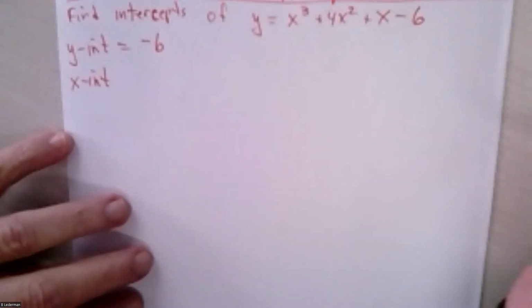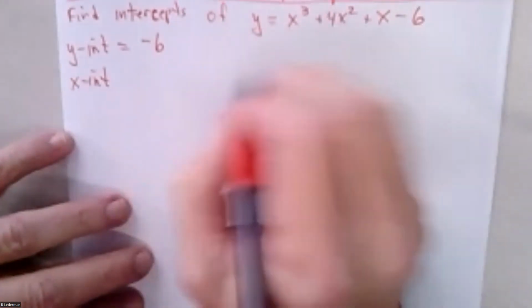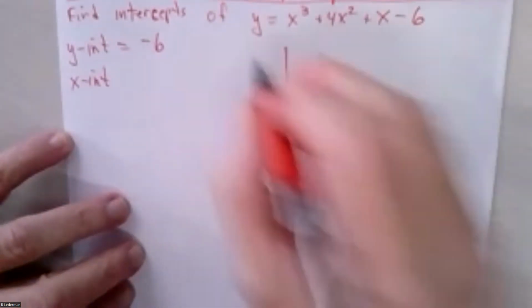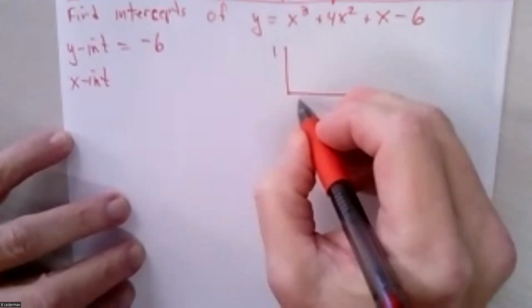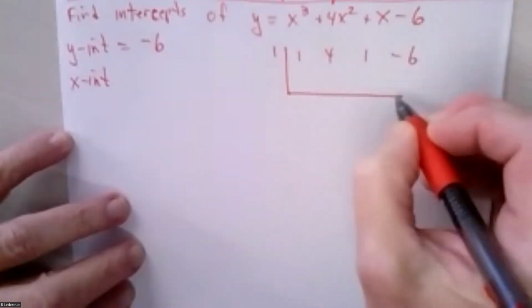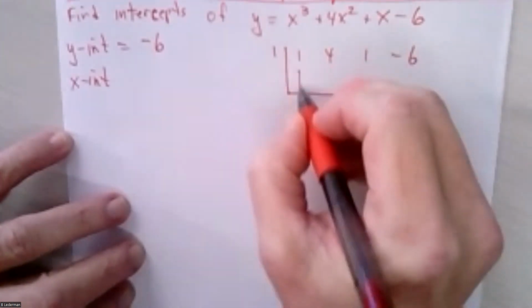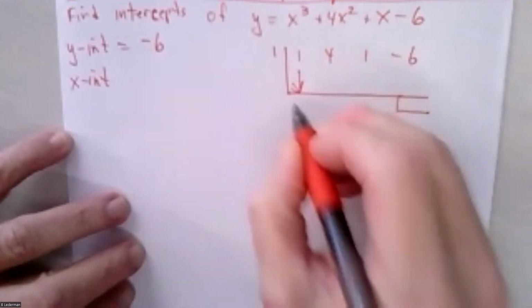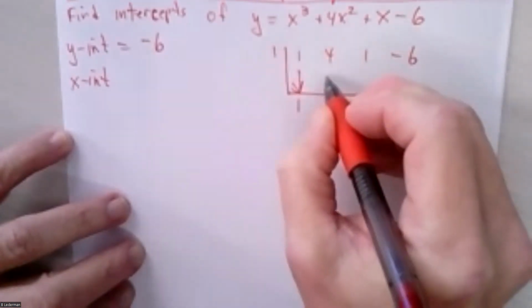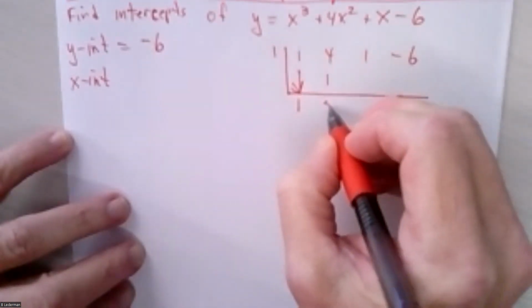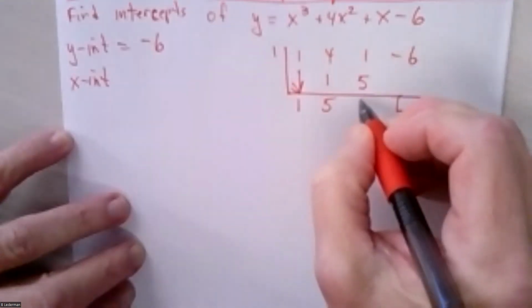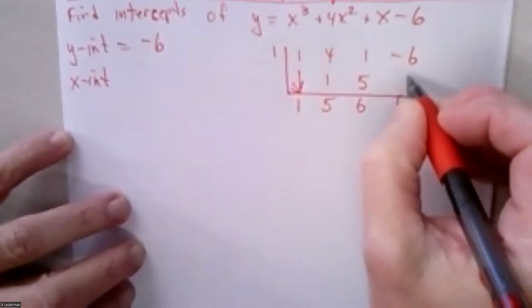So I could do synthetic division here. I know that 1 is a root. I have 1, 4, 1, negative 6. So that just becomes 1. And 1 times 1 is 1, plus, now you add, you get 5. 1 times 5 is 5, you add that. Now you get 6. 1 times 6, 6.